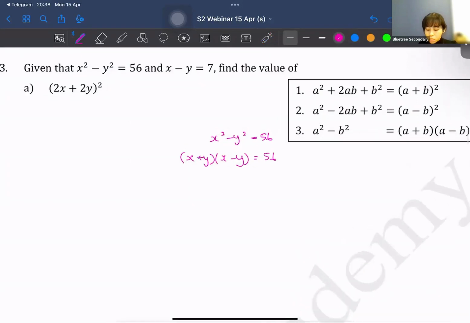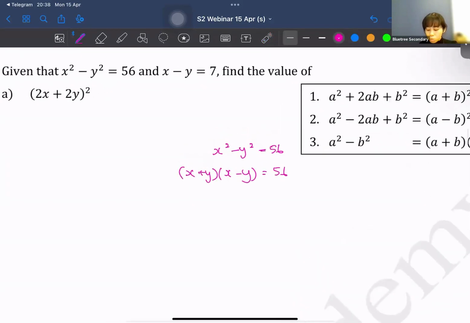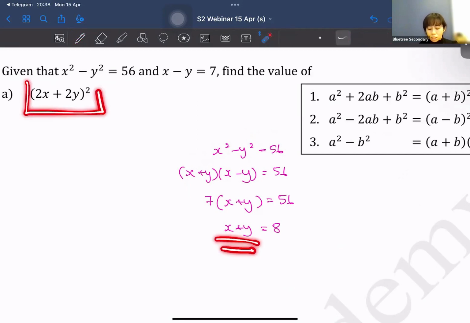So if I substitute in the value of x minus y, I'll have 7 times x plus y equals 56, and I know that x plus y will equal 8. I can use this to answer this question. And you see a 2x plus 2y over here, I only have 1x plus 1y.